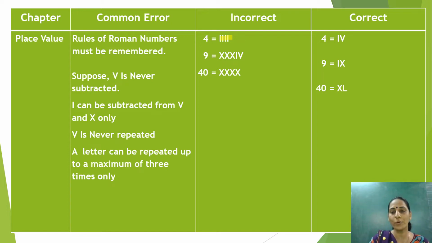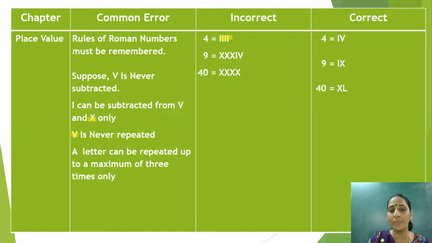And the rules of the Roman numbers are: V is never subtracted, meaning number 5 cannot be subtracted, right? I can be subtracted from V and X only, right? So number I, number 1, can be subtracted only from V and X. V is never repeated. V, that is number 5, you cannot repeat, right?